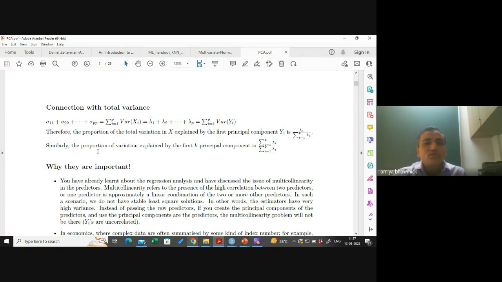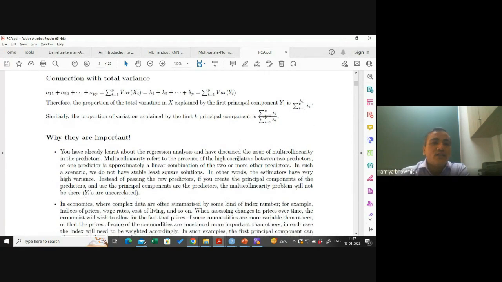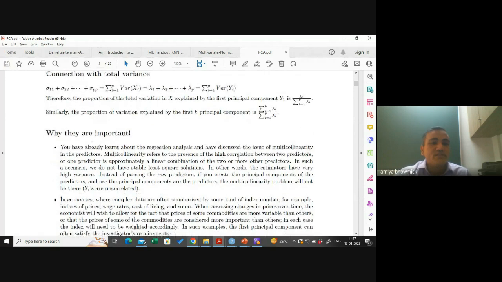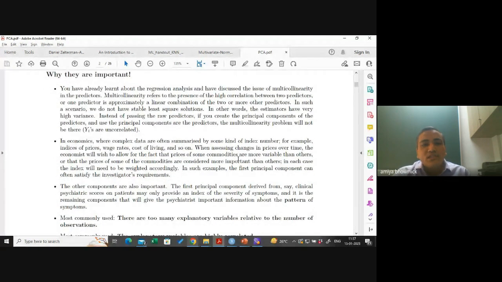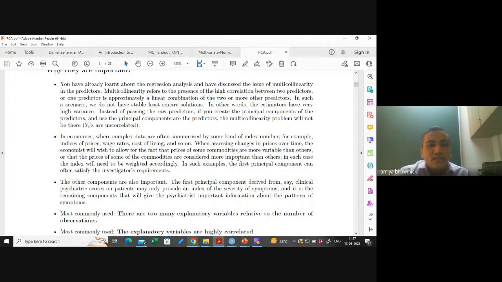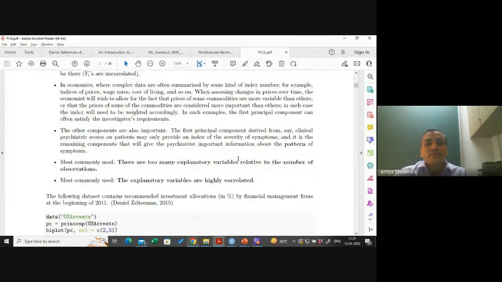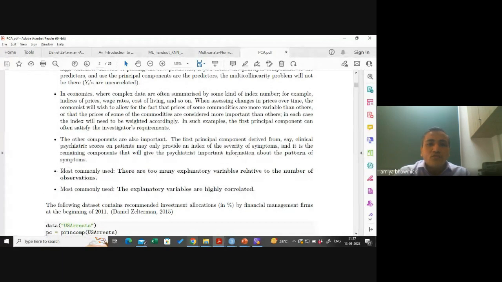One may be interested in the total proportion of variation explained by the first k principal components, which is the sum of the first k eigenvalues divided by the sum of all the eigenvalues, which is nothing but the trace of the matrix. Here I wrote a little description of why these things are very important. So what are the most common uses of them?